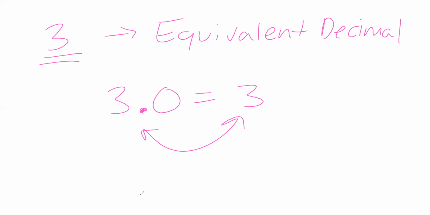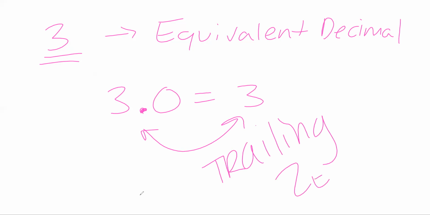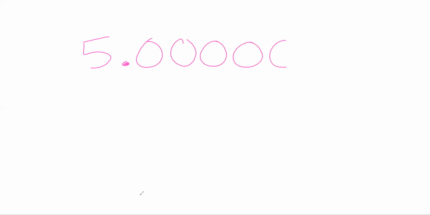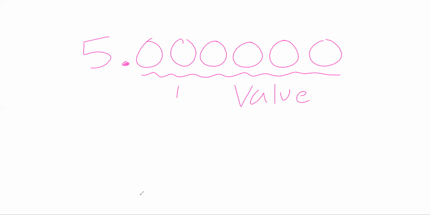And the cool thing about equivalent decimals is this idea of what we call the trailing 0. I can put zeros in as placeholders, and I can have them go on forever because these are just a bunch of zeros. Those hold no value, so I can write them there if I want, and it's exactly the same.